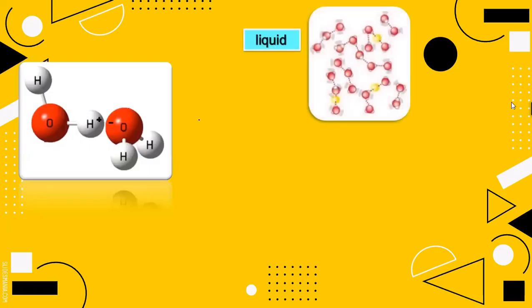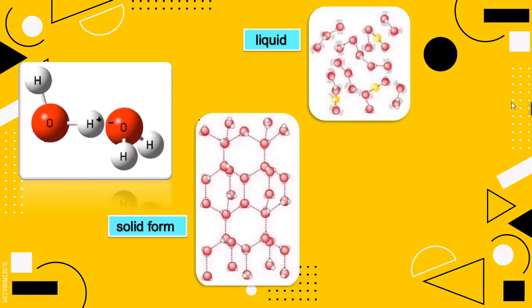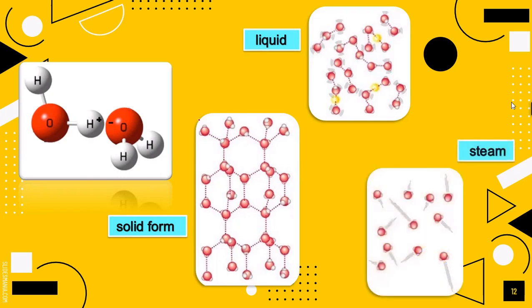When water is in liquid form, there are few hydrogen bonds. In the solid form, many hydrogen bonds. And when water is steam or gas, there are no bonds because the molecules are too far apart to form any bonds.